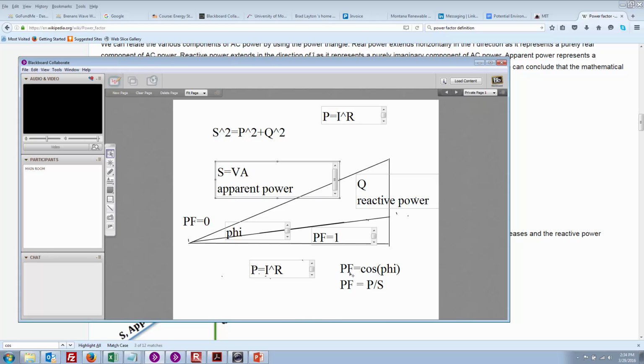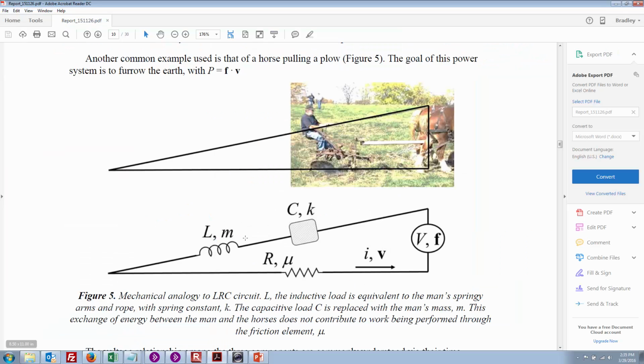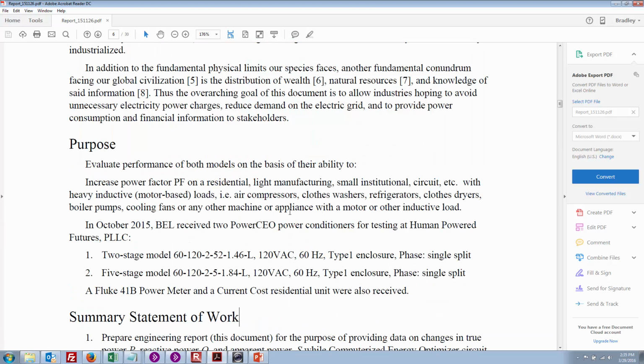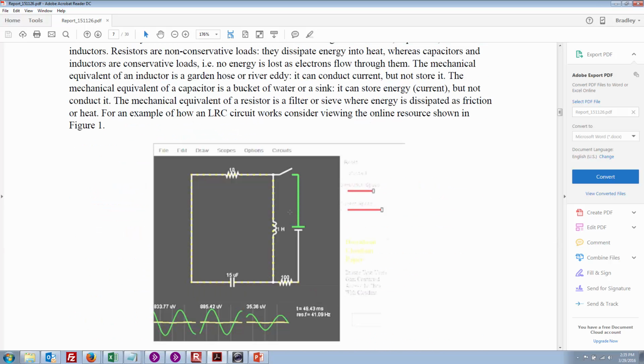Again, the power factor is just simply equal to the cosine of phi, which is this angle. And again, this angle only becomes non-zero when you have either an inductive load or a capacitive load. Whenever you have an inductor or a capacitor in your system, and we'll just review that one more time. So only LRC circuits with inductors and capacitors are going to have a non-zero power factor.